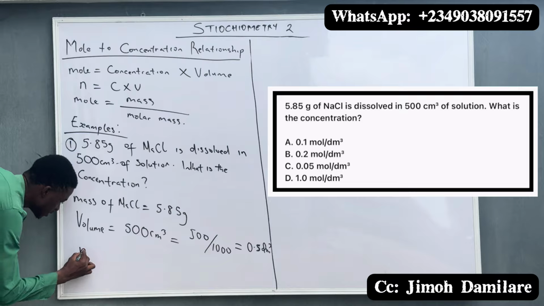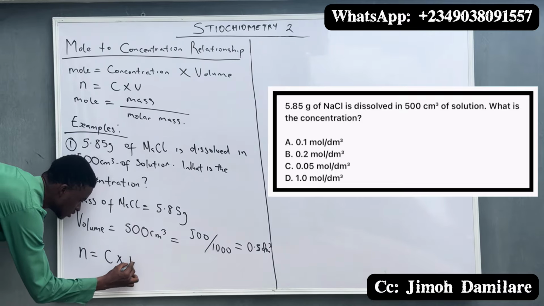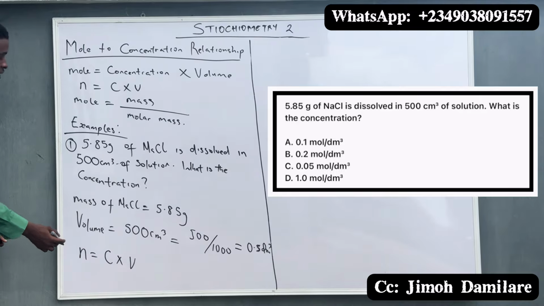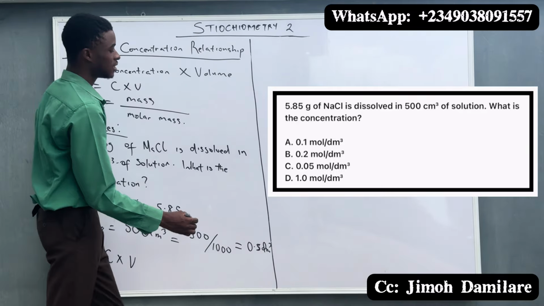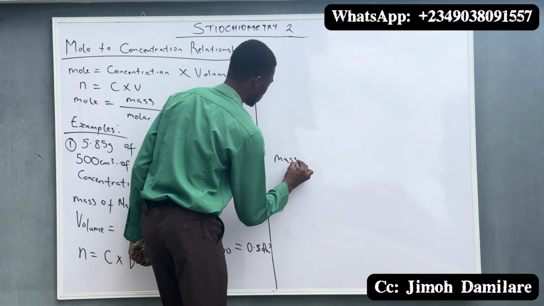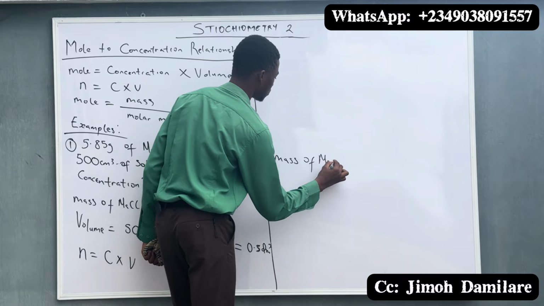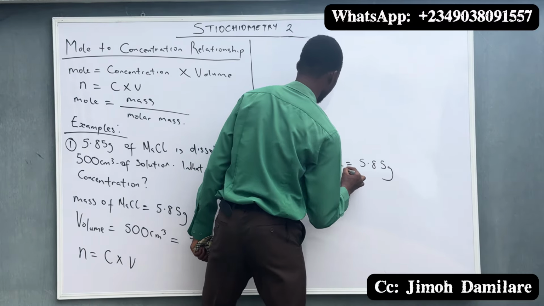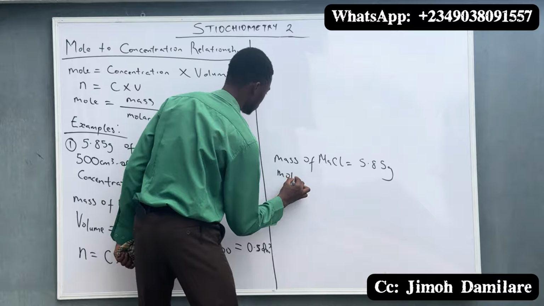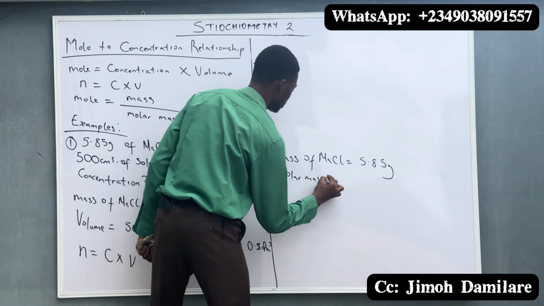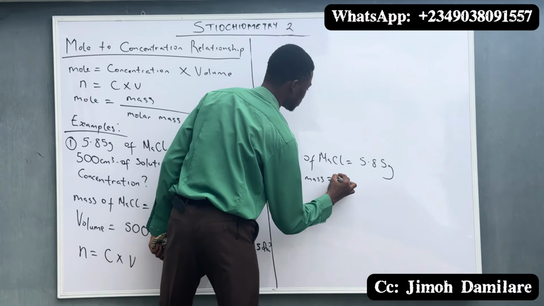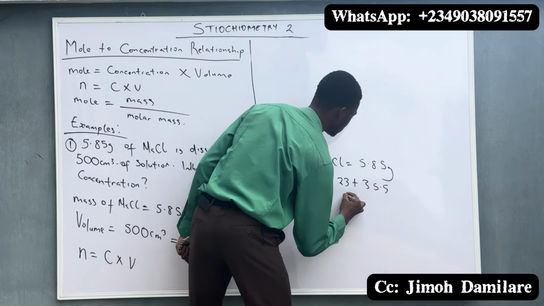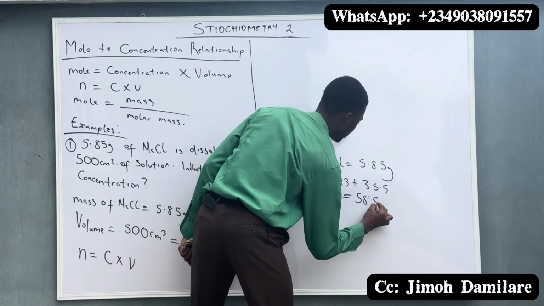We know that N is equal to CV, which is the concentration multiplied by the volume. But we are not given N, we are only given the mass. So in order to get N, which is the mole, we can say that the mass of NaCl is equal to 5.85 gram, while the molar mass is equal to, so sodium is what? 23, while chlorine is 35.5, which is equal to 58.5.